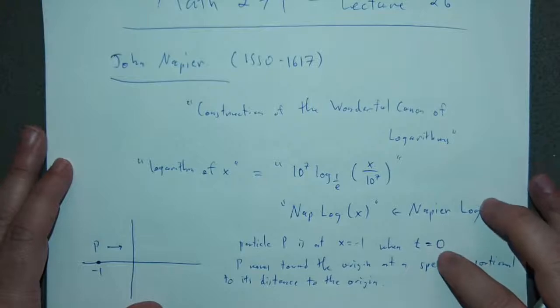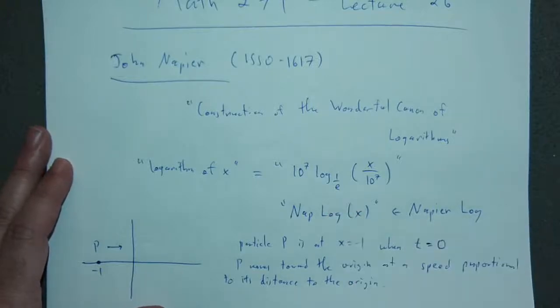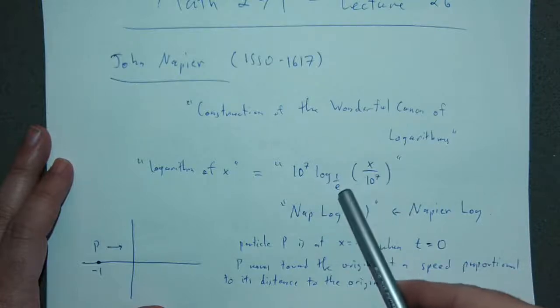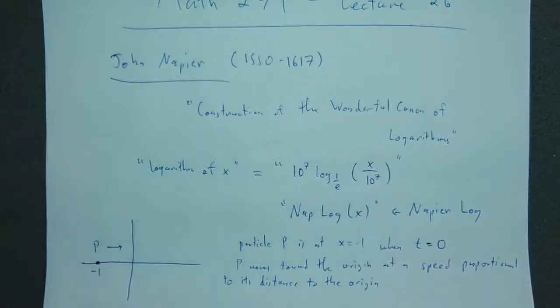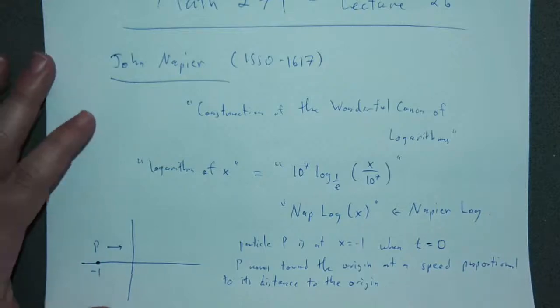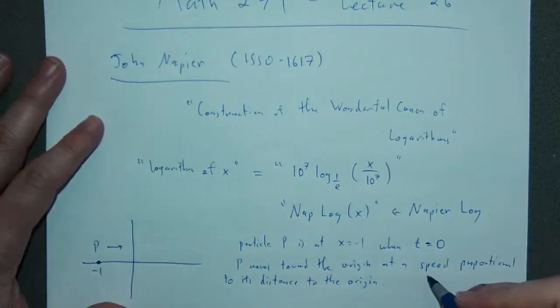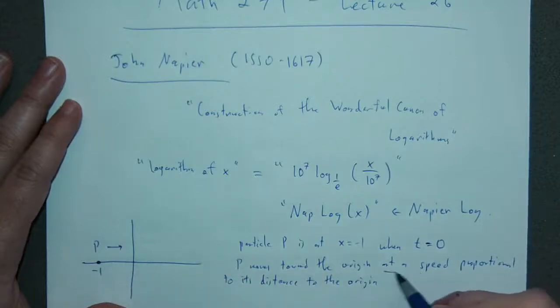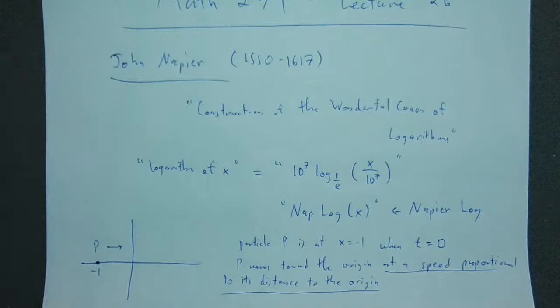But basically the form of this showing up as log base 1 over e here comes exactly from this description. Once you say that this motion is occurring at a speed proportional to its distance to the origin, that seals your fate.